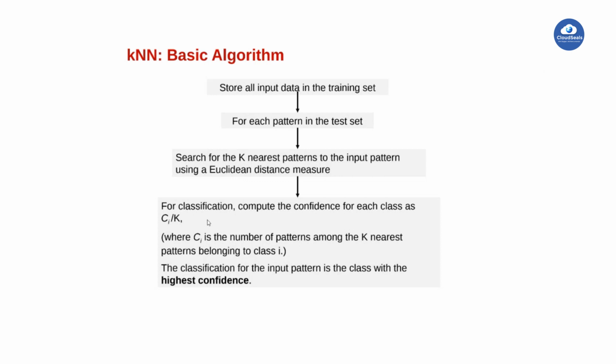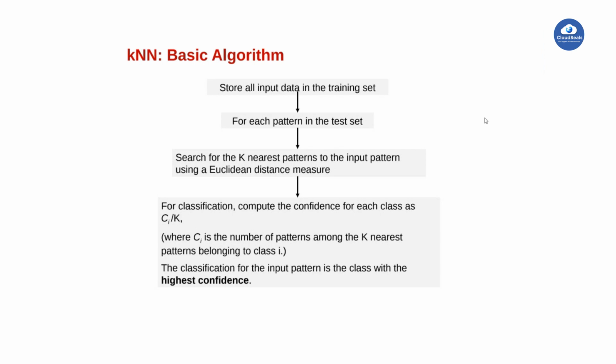Let's take decision tree: there we take the parameters Gini index, entropy, information gain, gain ratio. These are some parameters to identify the root attribute. Here also, for classification, compute the confidence of each class as Ci by k. Here Ci is the number of patterns among the k nearest patterns that belong to class i.